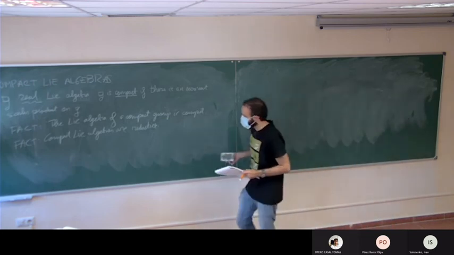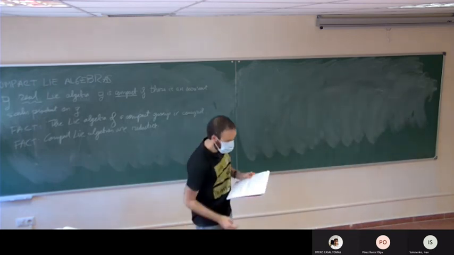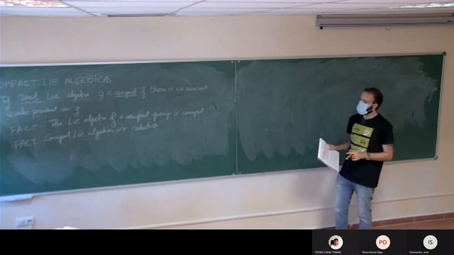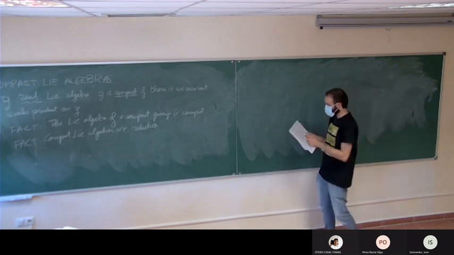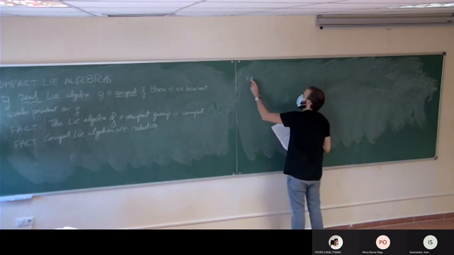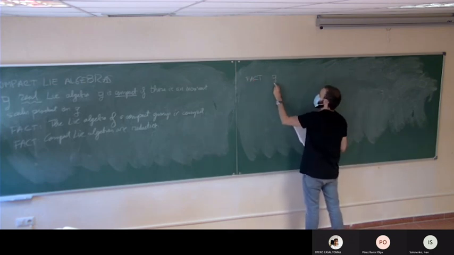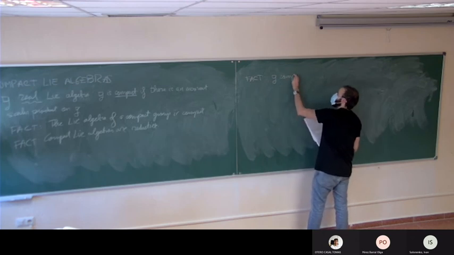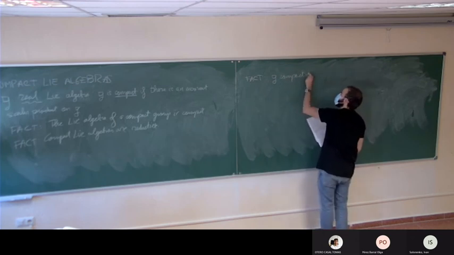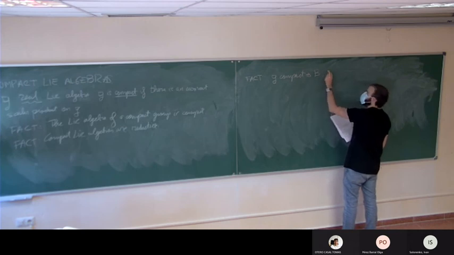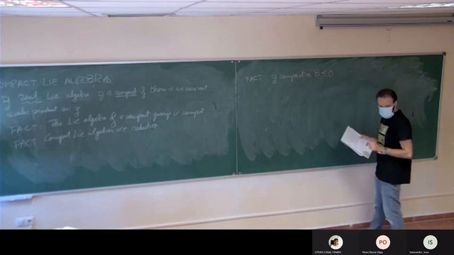Oh, yeah. So one can check in this vector theorem that since every x is skew-symmetric, all its eigenvalues must be pure imaginary, and from this one can check that if G is compact, then the Killing form is negative semi-definite.